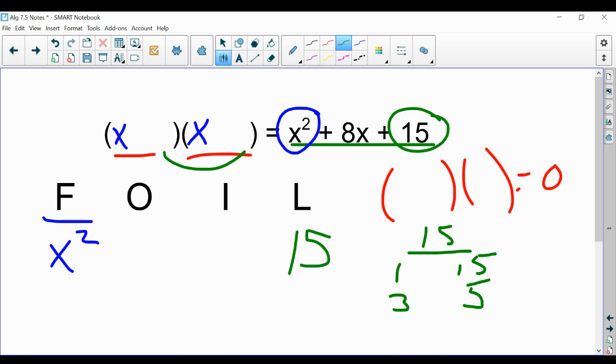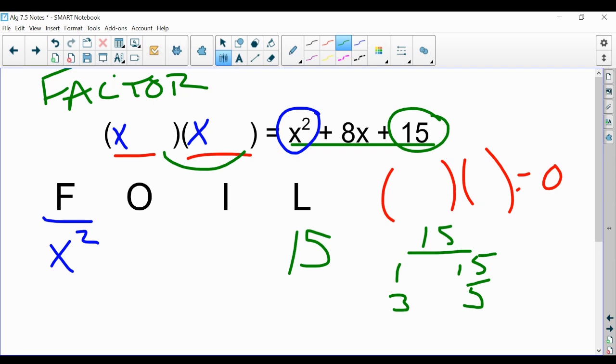And that's it. Okay, if this is going to break apart or factor nicely, and that's really what we're trying to do, we're trying to factor this trinomial, then these last terms need to be nice numbers, and we shouldn't have something like square root of 15 and square root of 15 or 7.5 and 2 or anything like that.